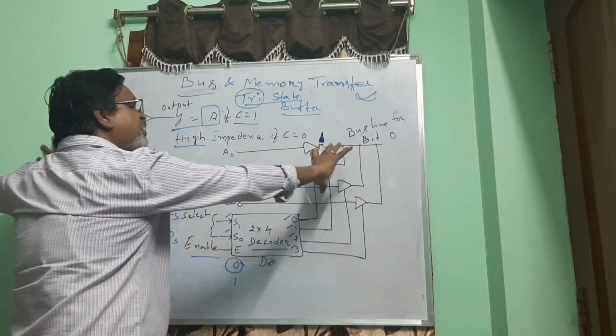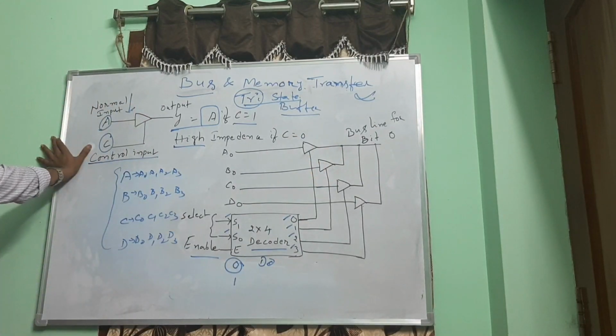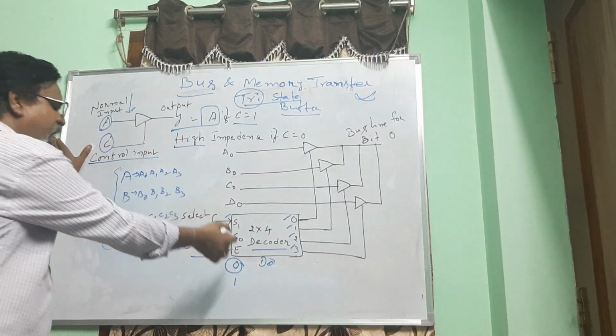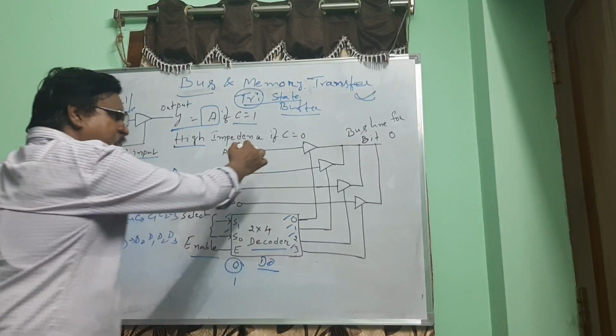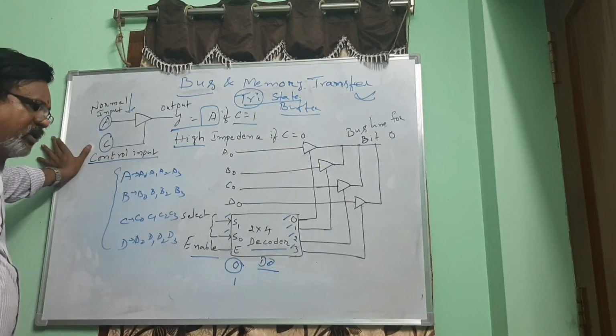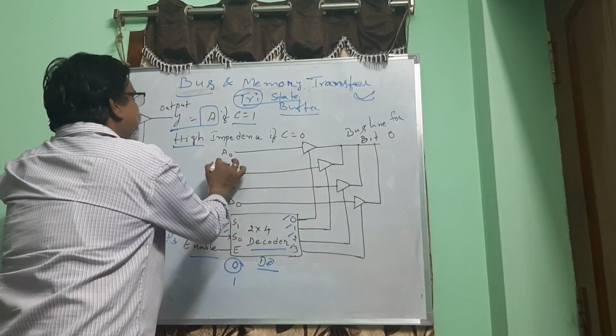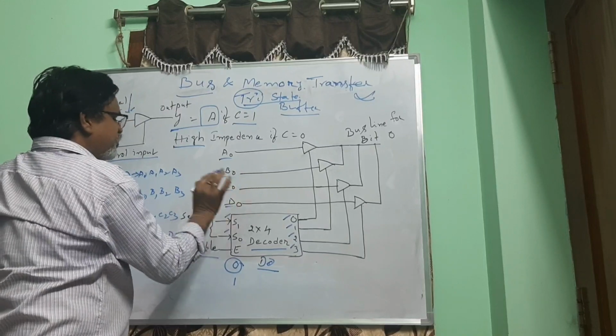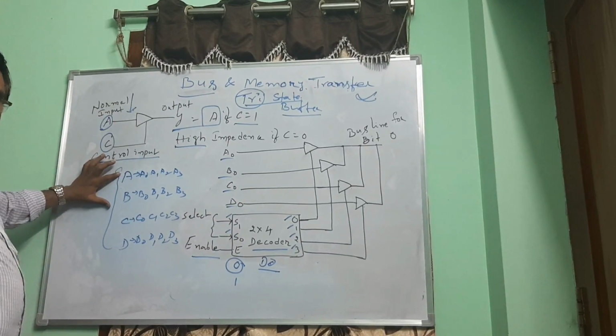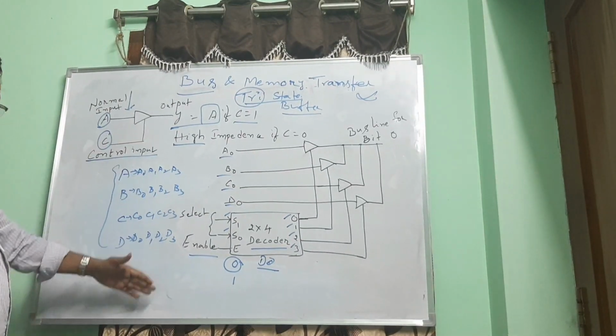This is only for transferring 1 bit. As it is decoder 0, the 0th bit is transferred, so the 0th bit may be A0, B0, C0, D0. But each register contains 4 bits.